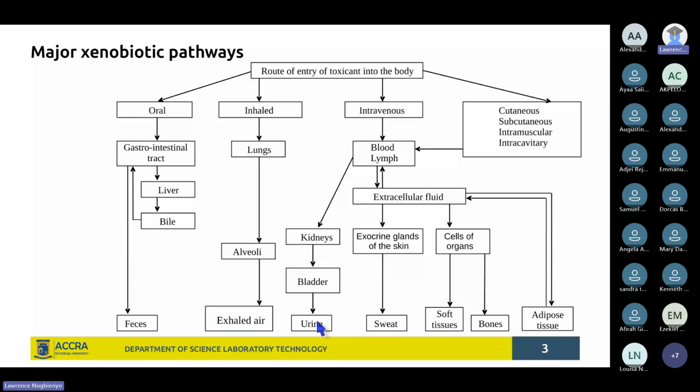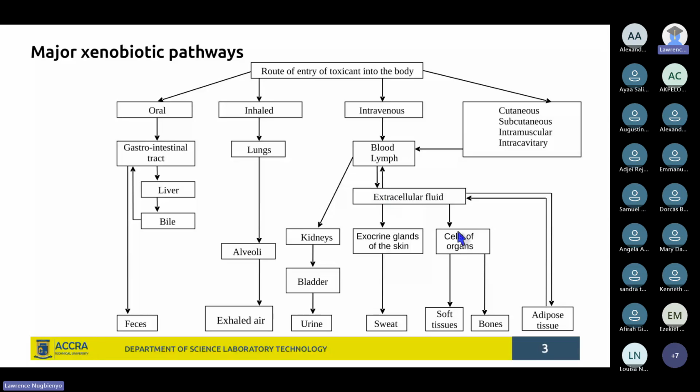Or from the extracellular fluid, you can have some exocrine glands of the skin, like sweat glands, that secrete metabolites or some of this drug through sweat. So some part of xenobiotics also gets excreted through sweat. In the extracellular fluid, some cells also absorb these substances.